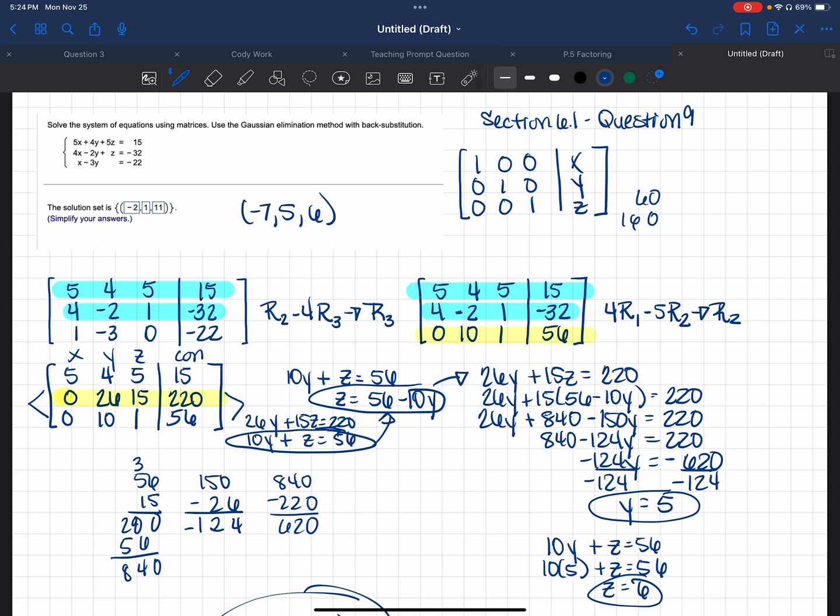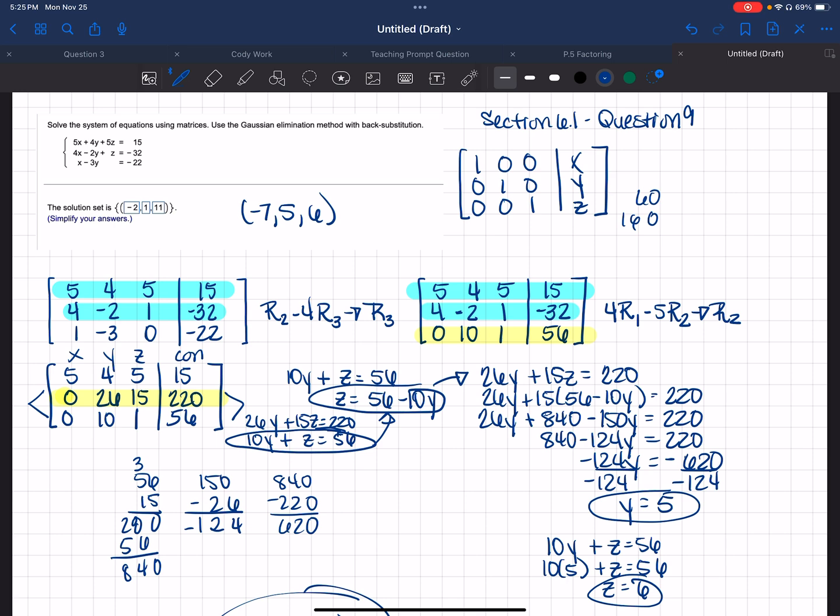I went ahead and subtracted the 840 to the other side. I'm attempting to get y by itself. That gives me negative 124y equals negative 620. And then I'm going to divide both sides by negative 124. When I divide by that 124, I get y equals a positive 5. Now I'm going to take that y equals 5 and put it back into one of those two equations.